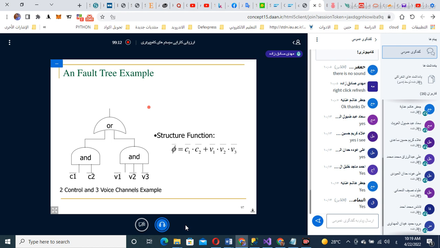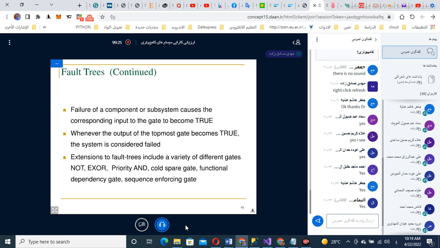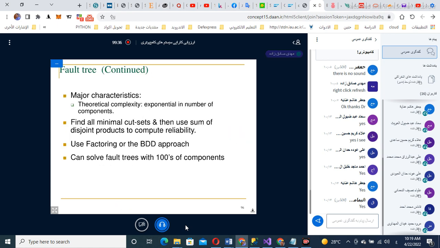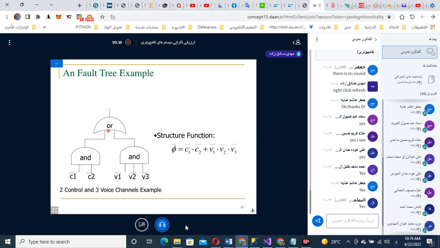OR is used for series and AND is used for parallel. OR for series, here OR for series, and AND for parallel.